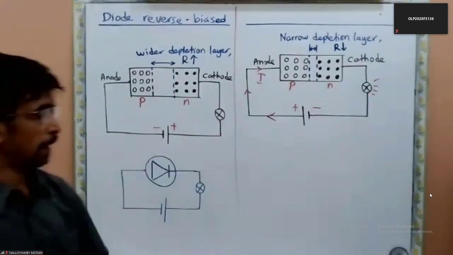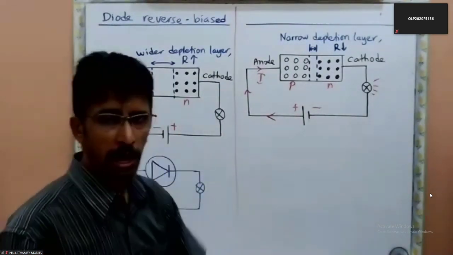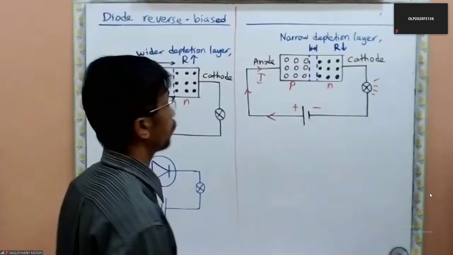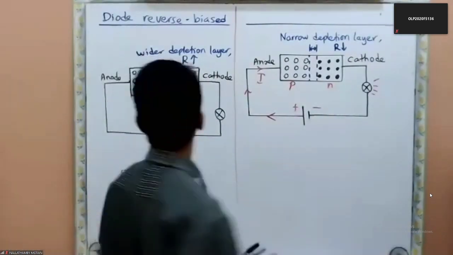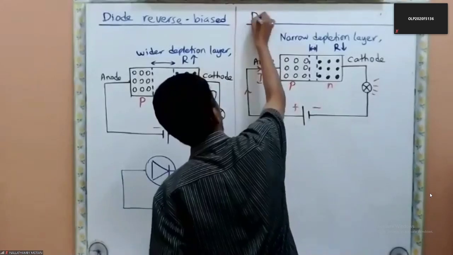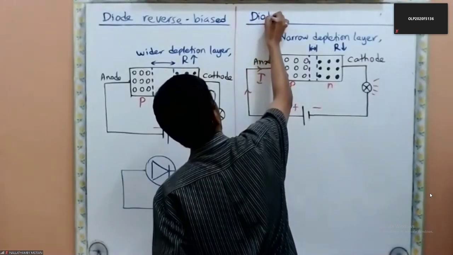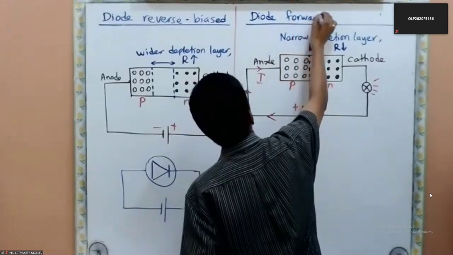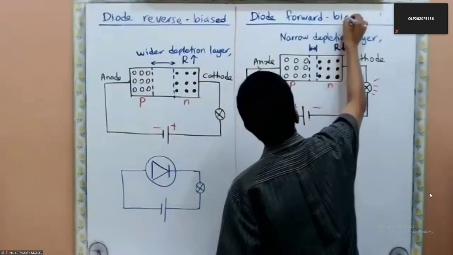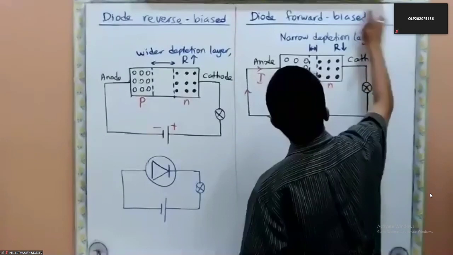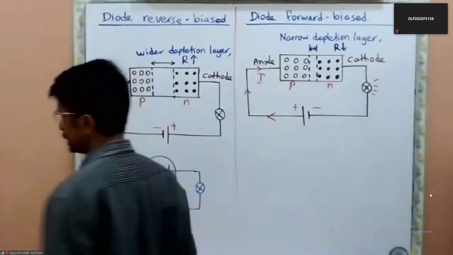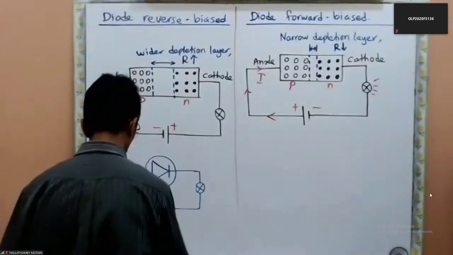So now here the bulb lights up, the diode allows the current to flow. So we say the diode is forward biased. Diode dipincang depan. Diode is forward biased.